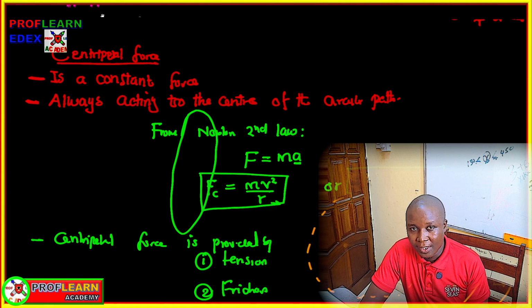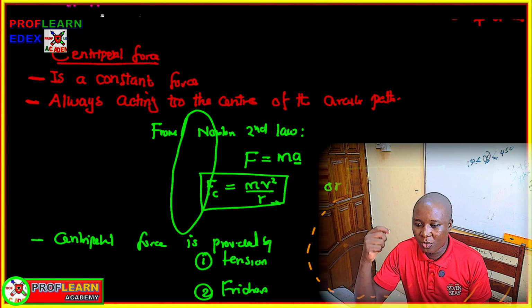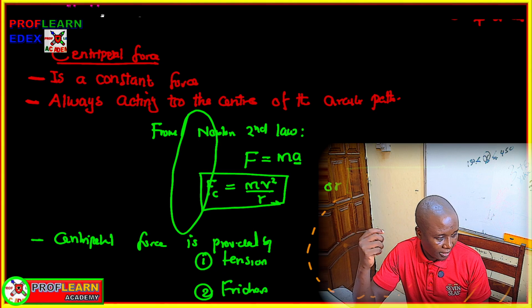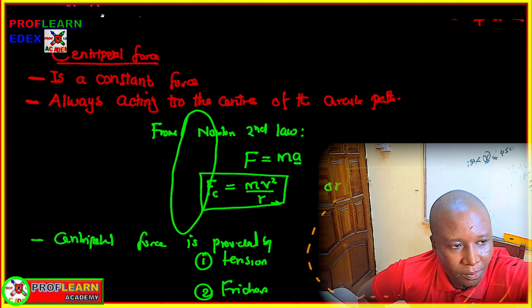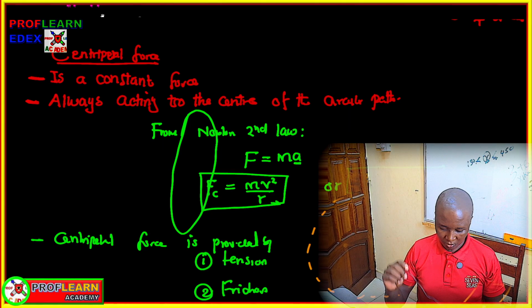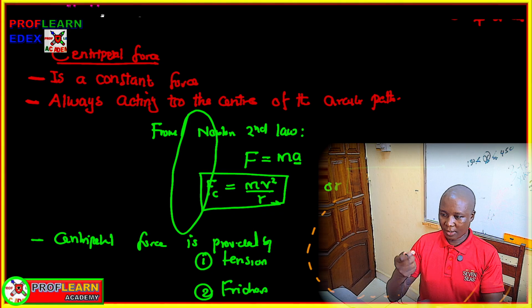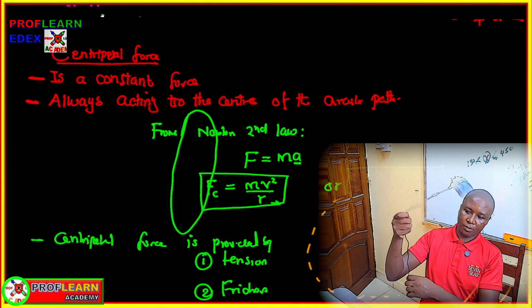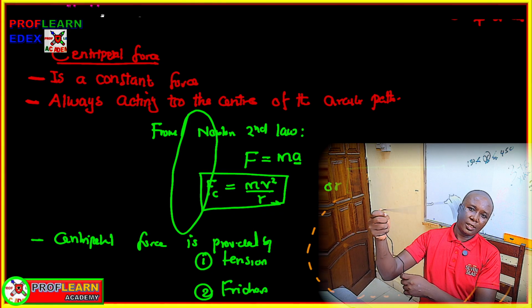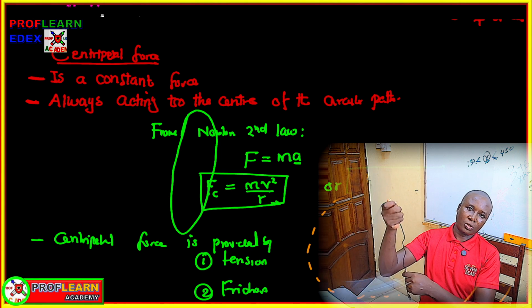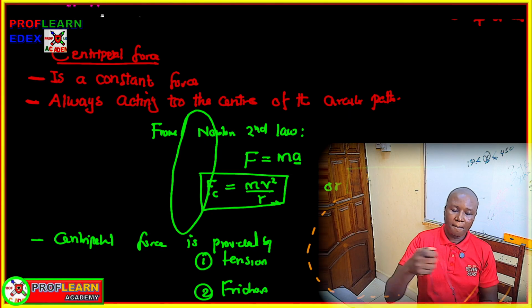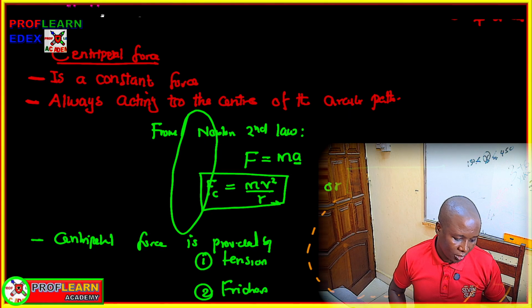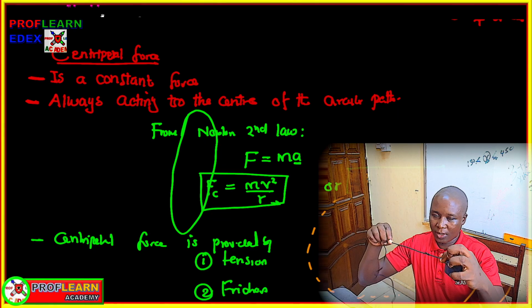For instance, if you have an object tied at one end of a string and you whirl it round in a horizontal circle, then centripetal force is going to be provided by the tension that is acting here.